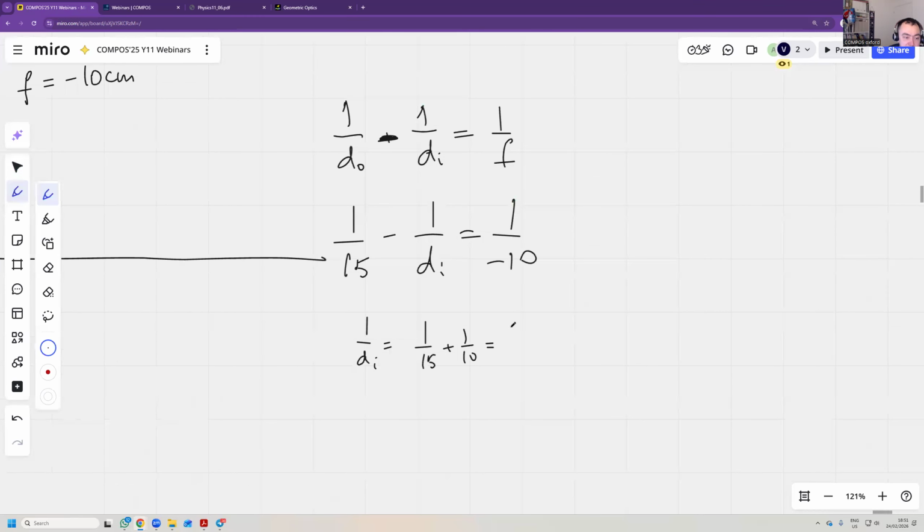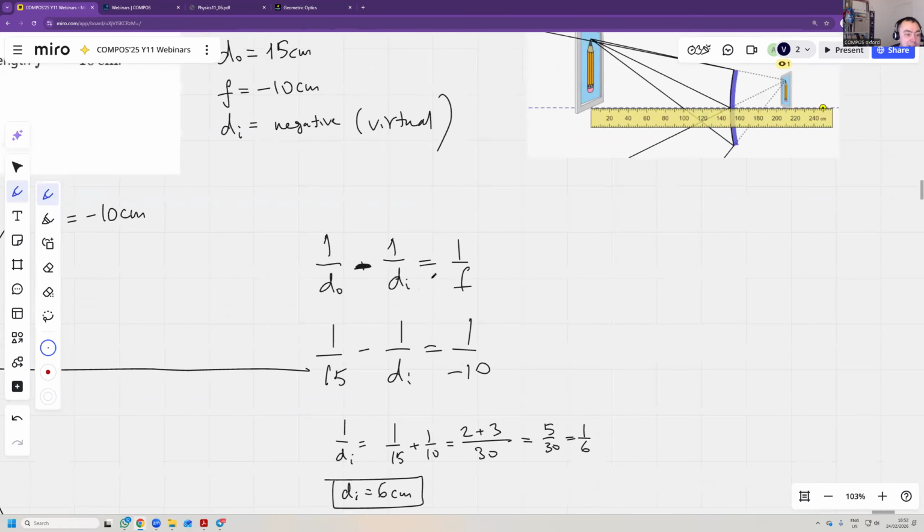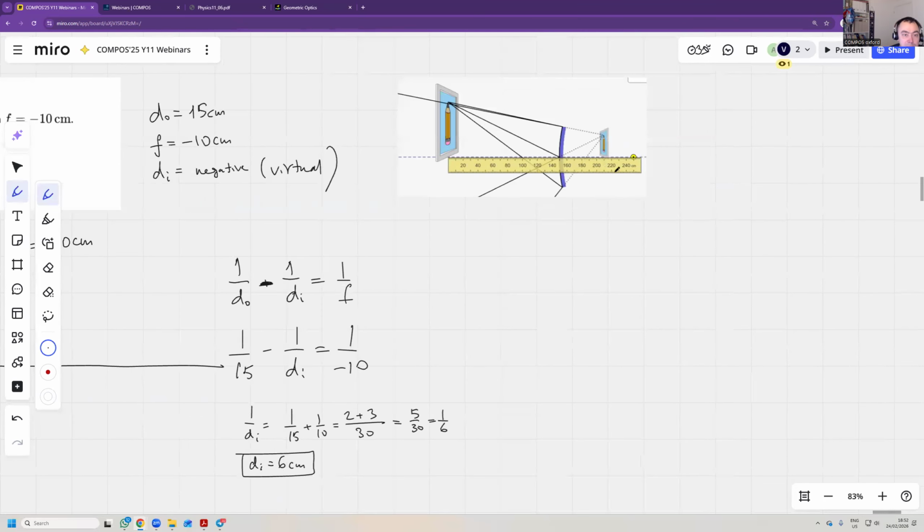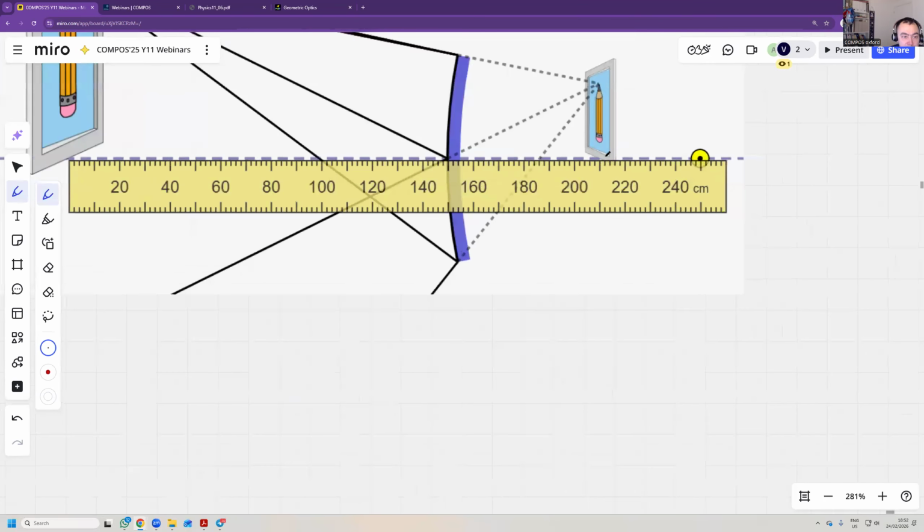So that's 30, 2 plus 3. That's 5 over 30. It's 1 over 6. So di is 6 centimeters. So it's 6 centimeters behind the mirror. And let's see. It does look like it. So this is 15. So the 1, 2, 3, 4, 5, 6. Yes, that is 6 centimeters.